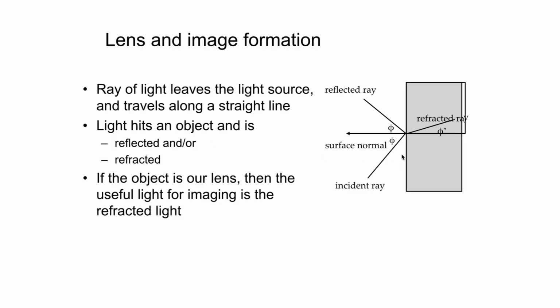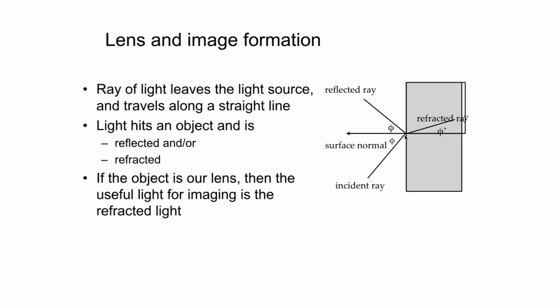So this diagram to the right shows how light travels in the atmosphere and how it behaves when it hits the surface normal. Here we have a surface normal, and the incident ray is the ray from the source light. When this source light is emitted from one object and hits some target object, most of the time in the human vision system it's going to be the lens.